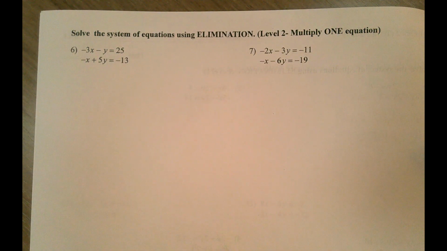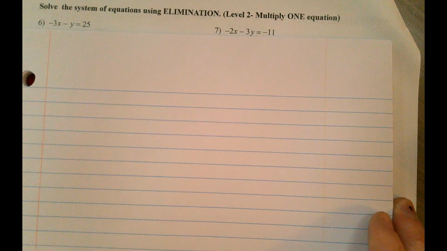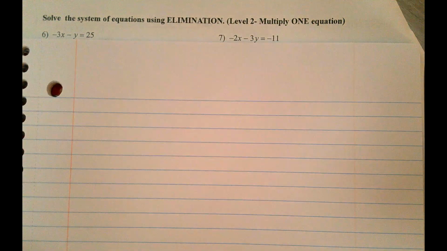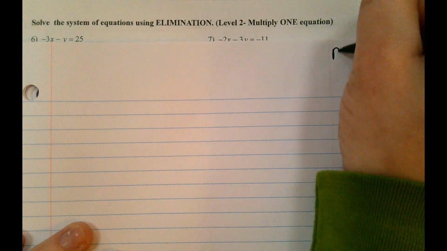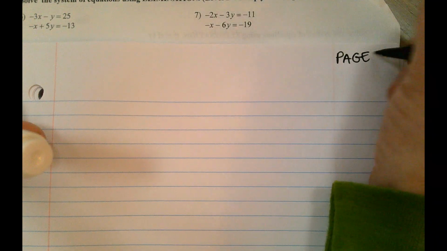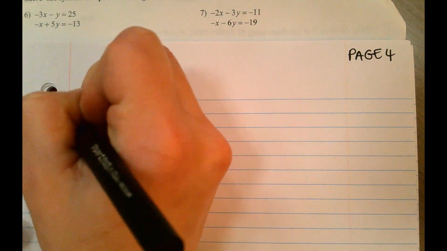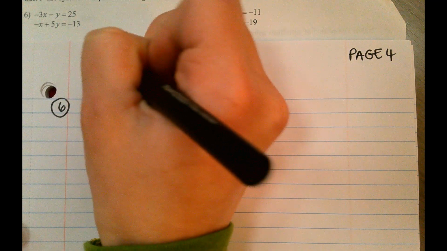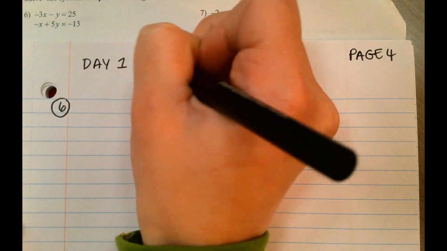I'm going to start on page 4 of my notes. You said we're doing number 6. Number 6, yes. Page 4. We're going to do number 6. And it's day 1. Notes continue.